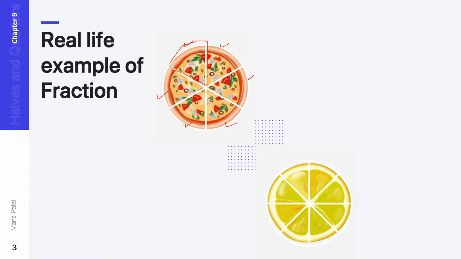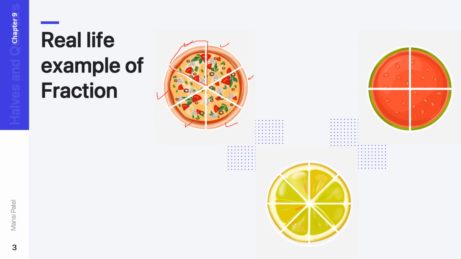Now you see here the orange, or any fruit you can say, if they are divided into equal parts, then each part, one part, is known as a fraction. Then the third example is of a watermelon. You can see here one whole watermelon divided into four equal parts. So these are the real life examples of fractions.